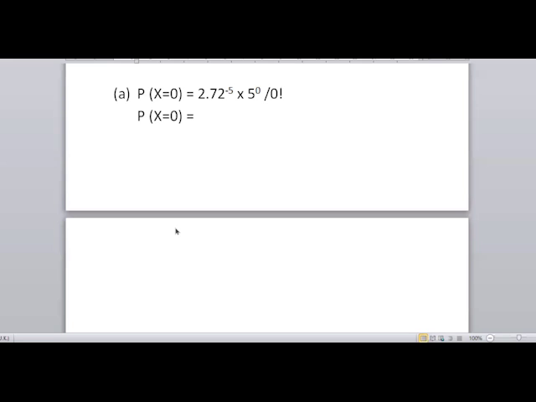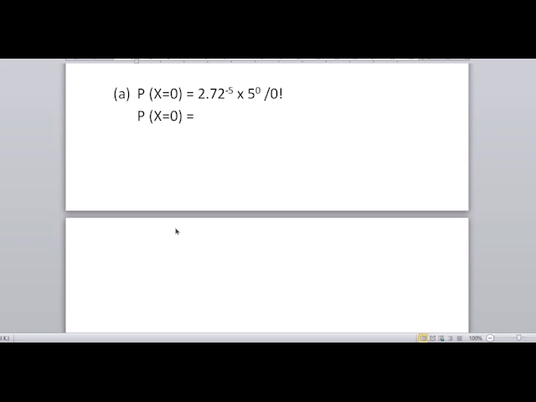So equal to, what is 2.72 to the power negative 5? What do we get? 6.74 times 10 to the power negative 3.